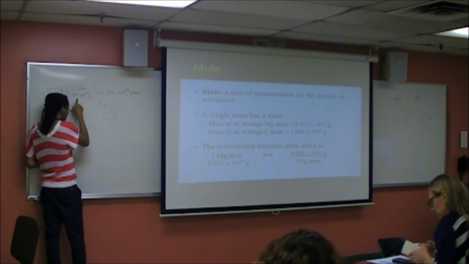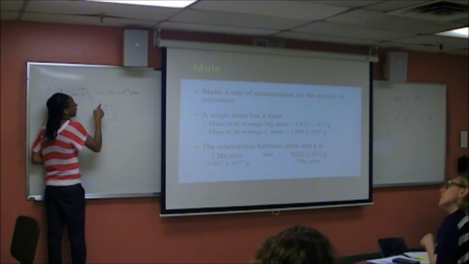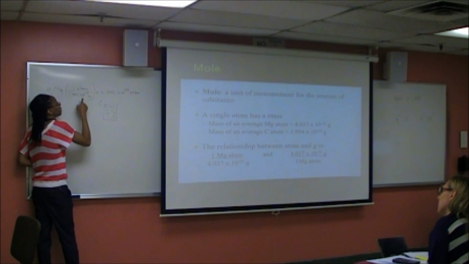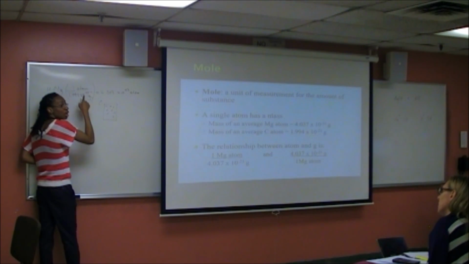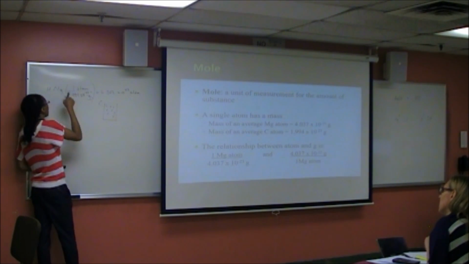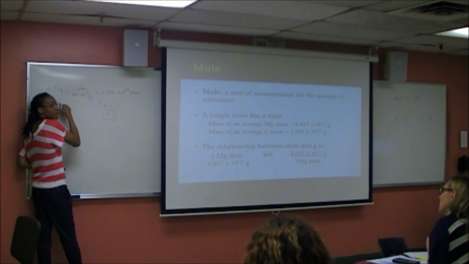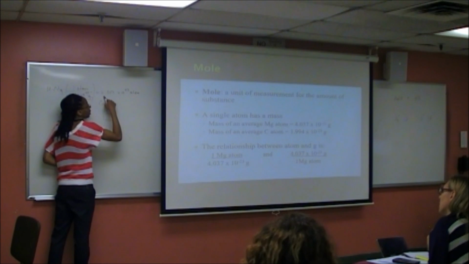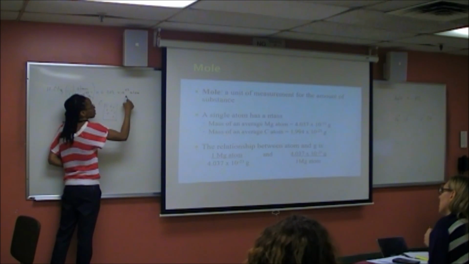So now, if each individual atom has a mass of this, and all of them add up to this, we need to figure out how many are in there. How many are in there? 6.022 times 10 to the 23.